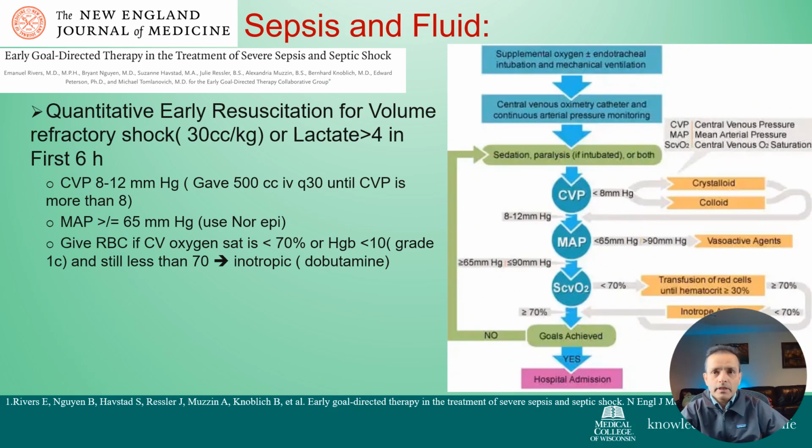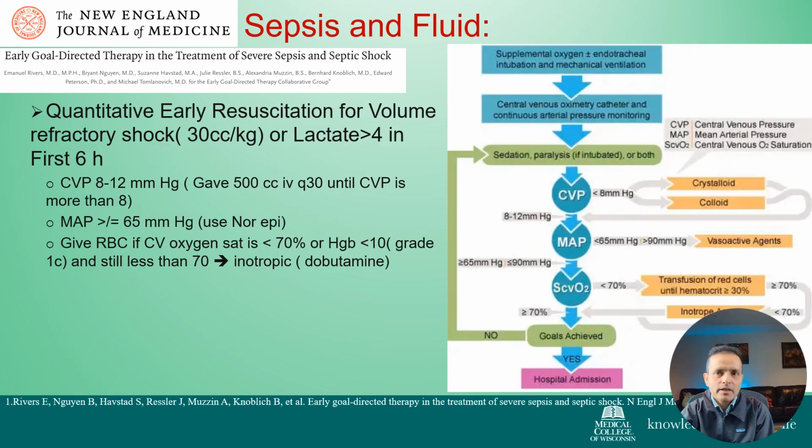It is called goal-directed because there are so many goals that you are supposed to achieve. You're supposed to give 30 cc per kg, and if the lactate is more than 4, over 6 hours you measure CVP and keep the MAP more than 65. If it is less despite fluid, you give norepinephrine.